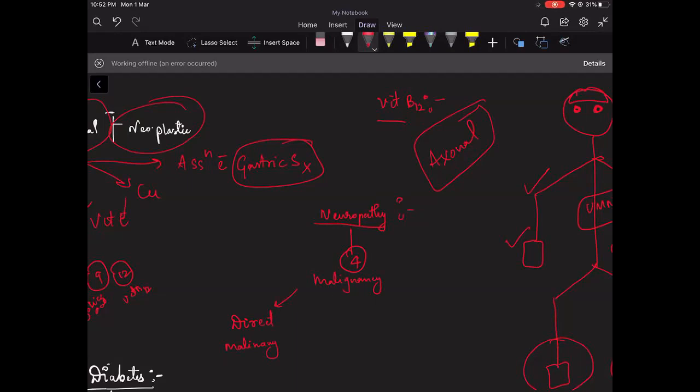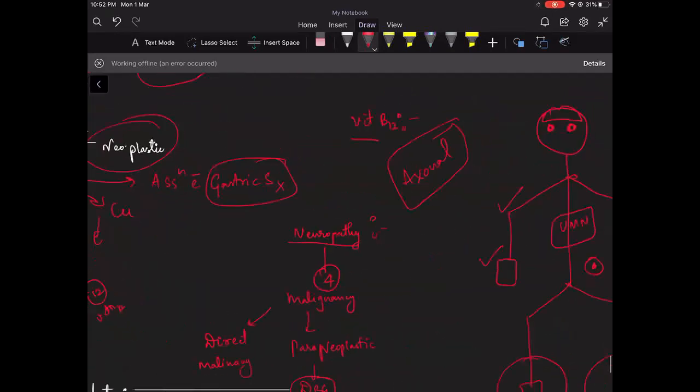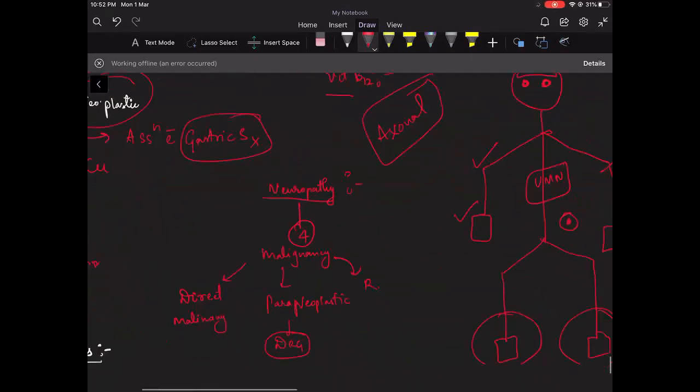Or if the patient has a paraneoplastic presentation, which we had earlier discussed, it can produce a picture where the dorsal root ganglion is predominantly involved. And when we are treating the malignancy, the patient can develop neuropathy due to toxic side effects of drugs.